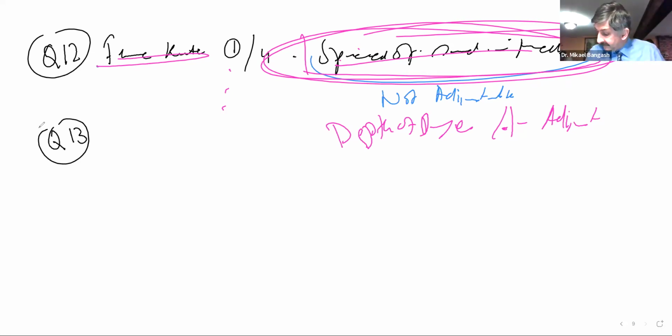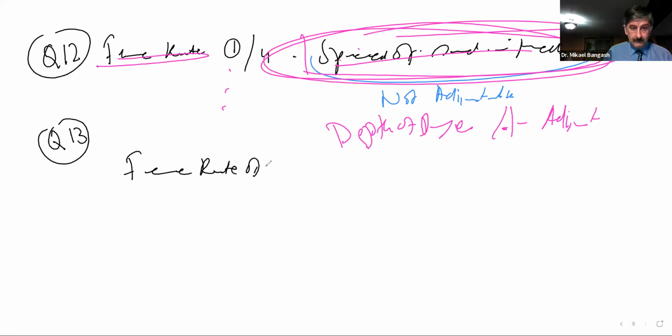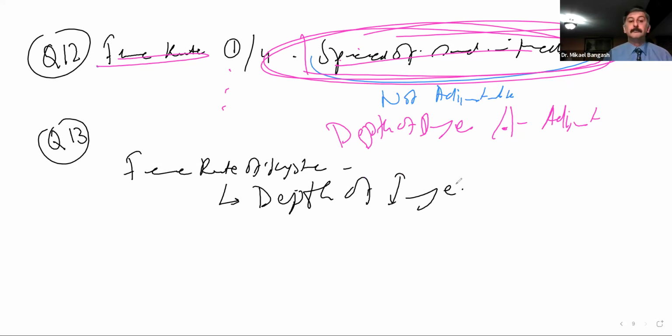Which of the following is most important in determining the frame rate of the system? Clear, okay. Frame rate of system, what was that going to be determined by? Primarily, depth of image. What was the other one?